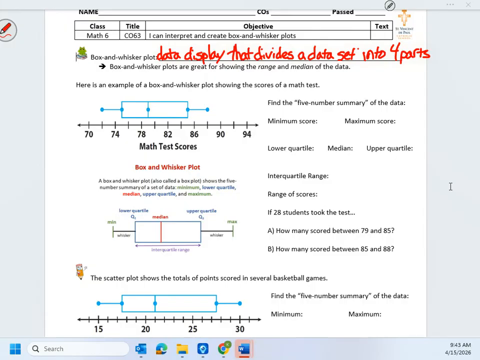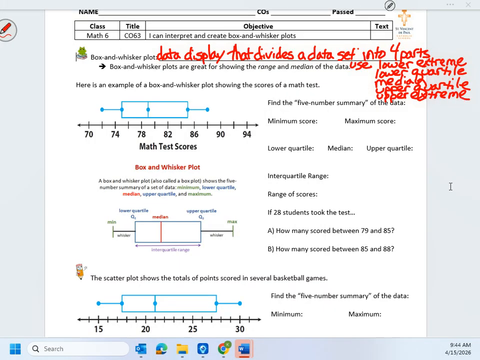We use these vocab words: the lower extreme, lower quartile, median, upper quartile, and the upper extreme.